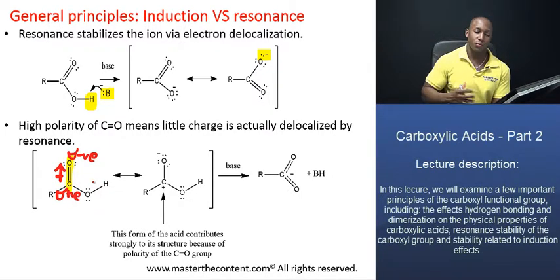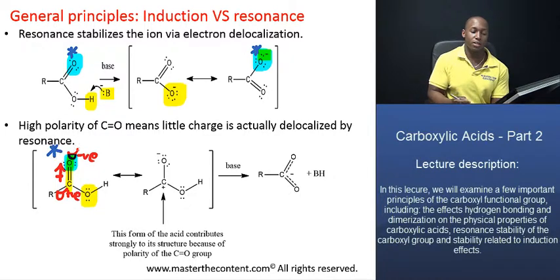What do you do when you introduce resonance stability? All you're doing is effectively moving the negative charge from this oxygen right here to this oxygen right here. That's all you're doing. But this oxygen already has negative charge.